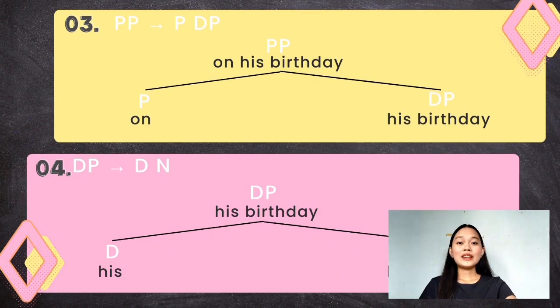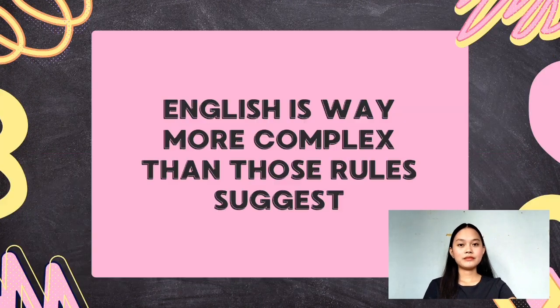Now, picking up from what Hannah explained, let's take a closer look at the limitations of these rewrite rules. The rules in her example did a good job of describing the structure of some English sentences. But here's the problem. English is way more complex than those rules suggest.